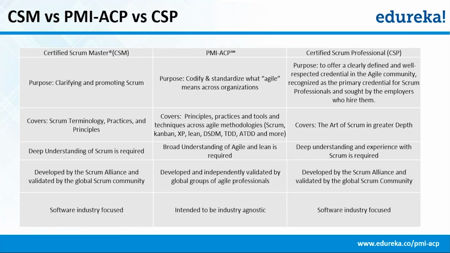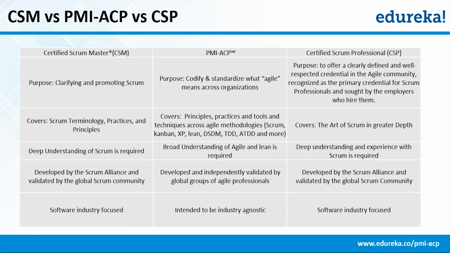You pay a fee, you go for a workshop, and at the end of the workshop, you become a CSM. That's it. And for the ACP, the purpose is mainly to codify and standardize what Agile means across an organization.